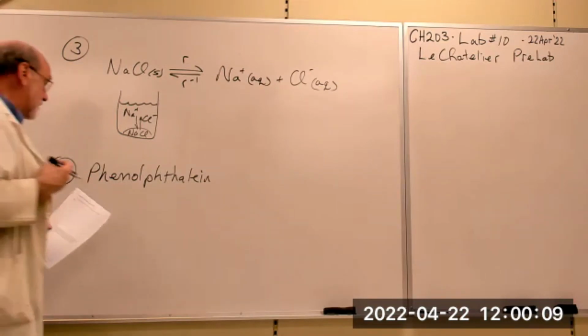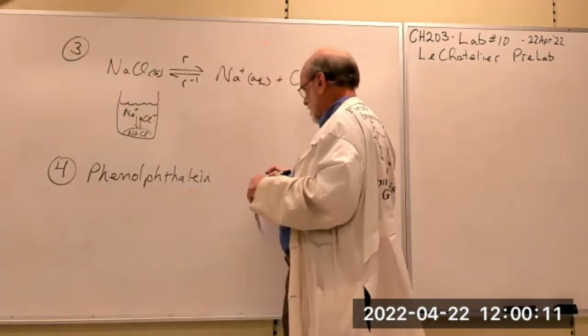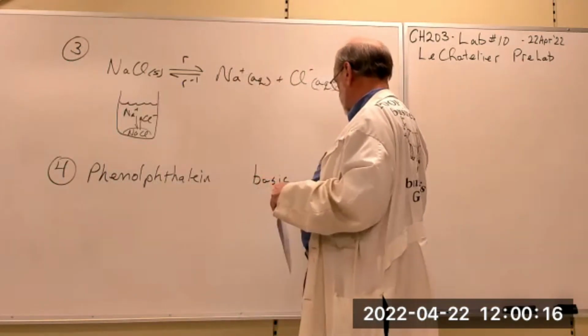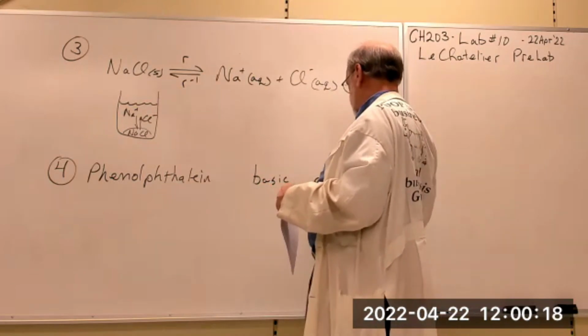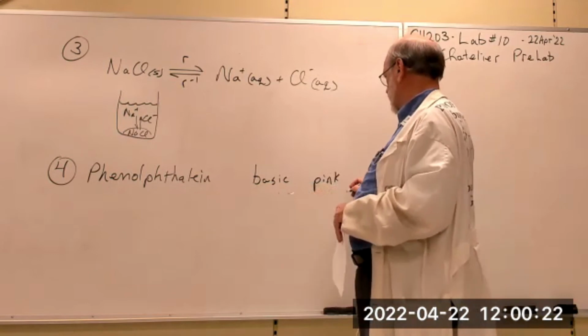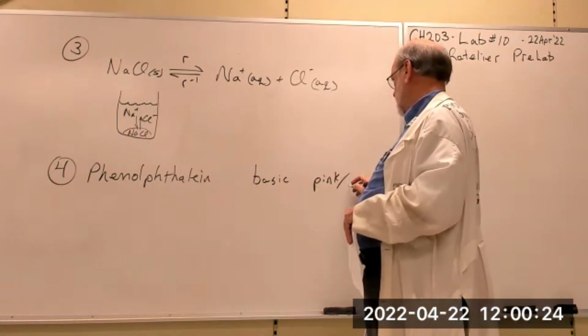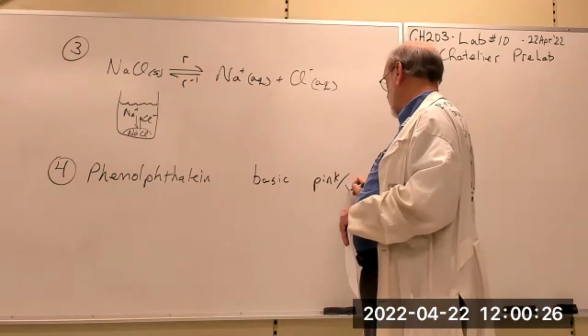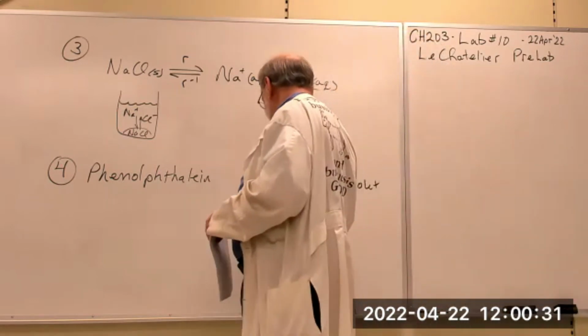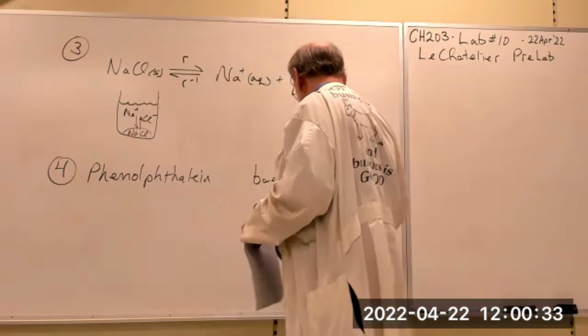So phenolphthalein in basic solution is pink, or depending on how strongly basic it is, it could be pink, it could be actually approaching violet. But in acid solution, it's colorless.